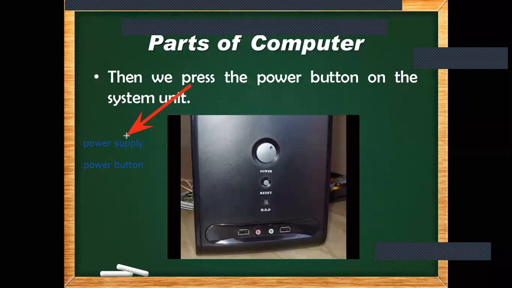We first switch on the power supply, and then we have to press the power button. When we press the power button, the computer will start working. The power supply will give the electricity to the system unit. And when we press the power button, the computer will start from that electricity.